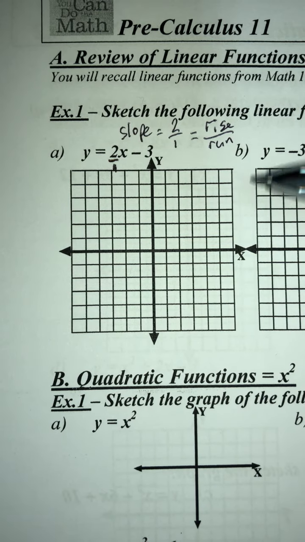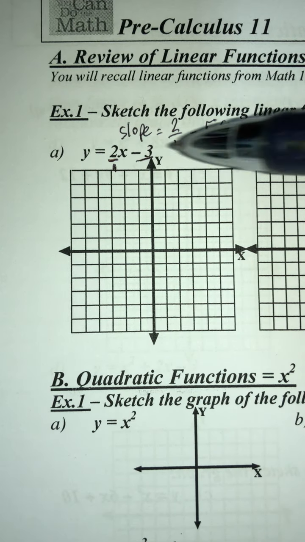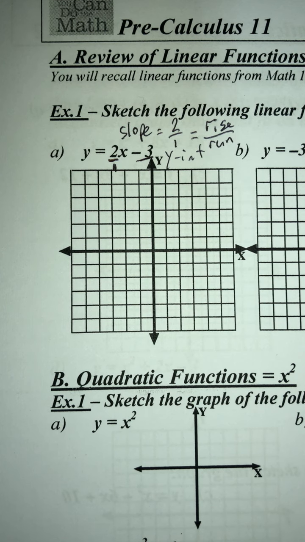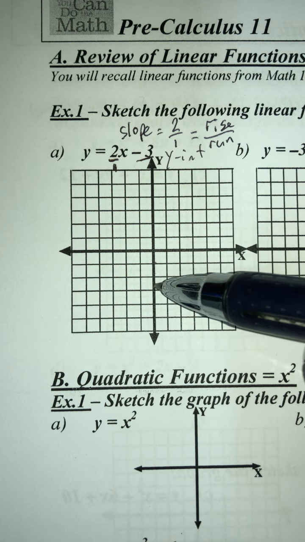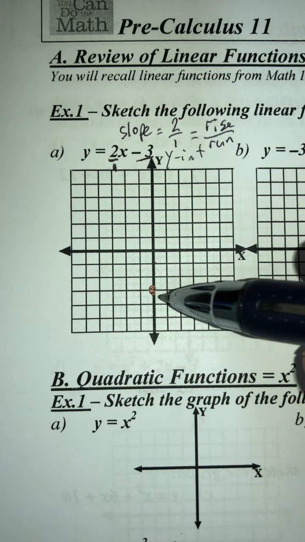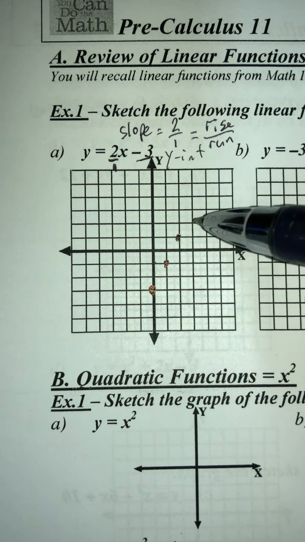So this means I'm going to go 2 up, 1 to the right. And negative 3 here is my y-intercept. So when I'm plotting this out, I plot my y-intercept first. I go down to negative 3, so negative 1, 2, 3. There's a point. And then from there, I do my slope. So up 2, right 1. Up 2, right 1, and so on and so forth.